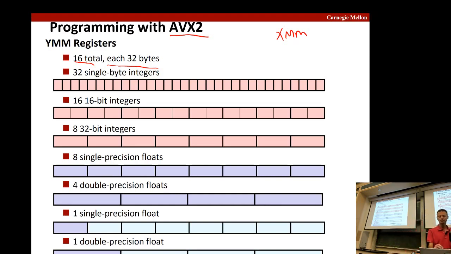If you remember, you can treat them as a bunch of smaller registers and apply data parallel vector operations on them. For instance, you can view them as consisting of 8 32-bit integers, and if I apply one of these SIMD operations, I can do 8 things in parallel. Or I can do 8 single precision floats. Or if I want double precision, I can do up to 4 in parallel, and so forth.